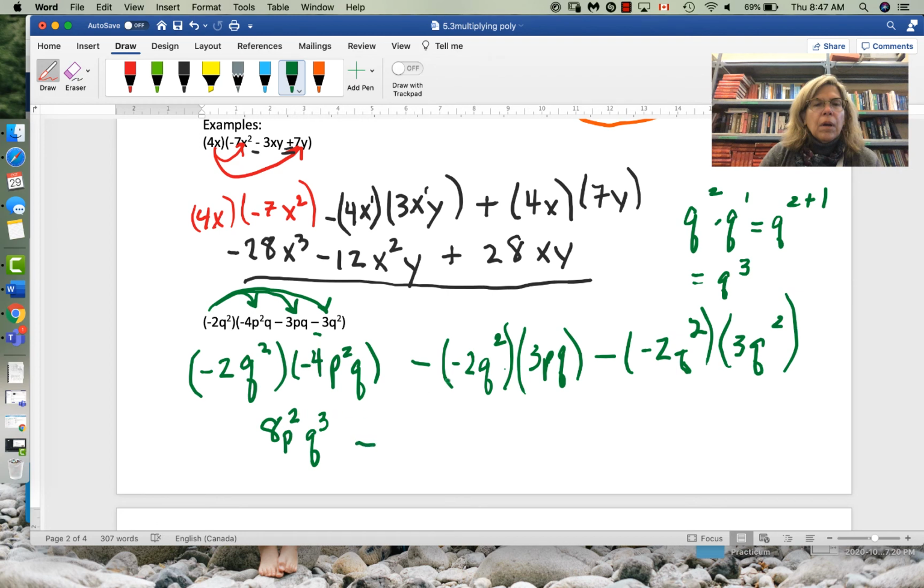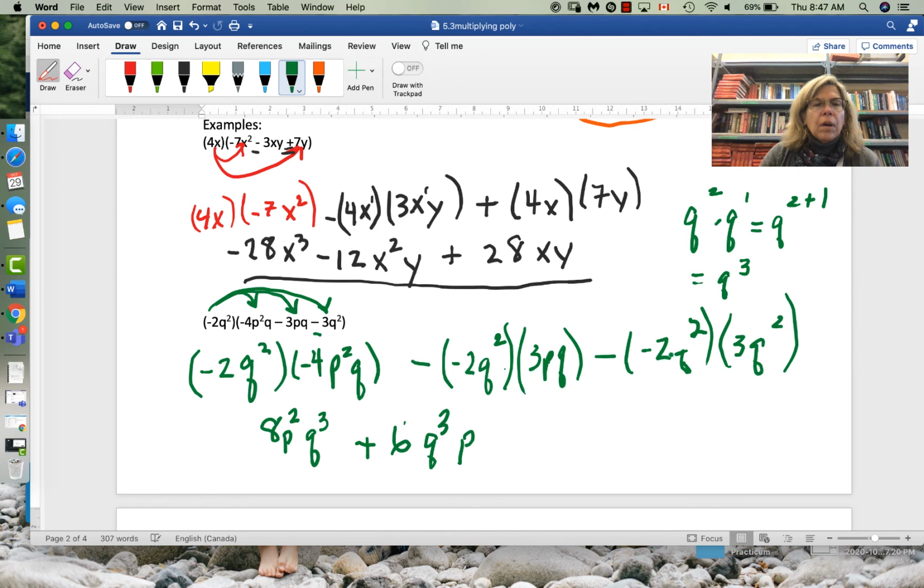And then this actually is a minus times a minus, so that's a plus. And so 2 times 3 is 6, because you multiply the constants. Then q squared times q is like this here, so it's q cubed, and p, just one p.